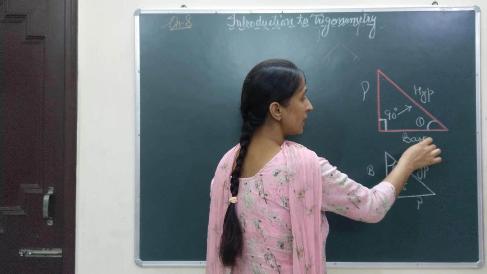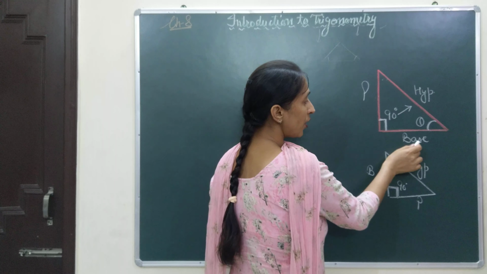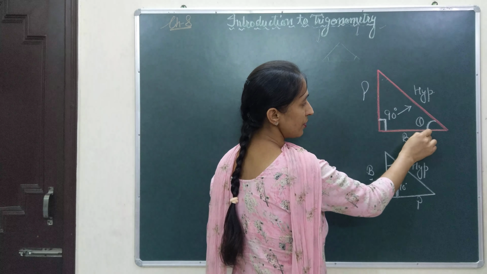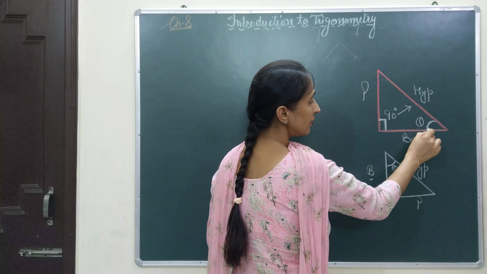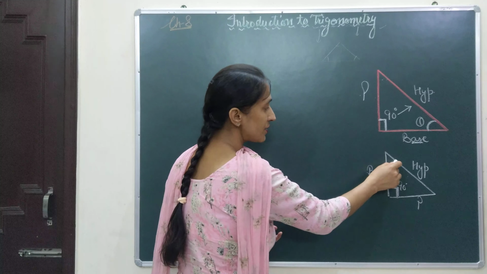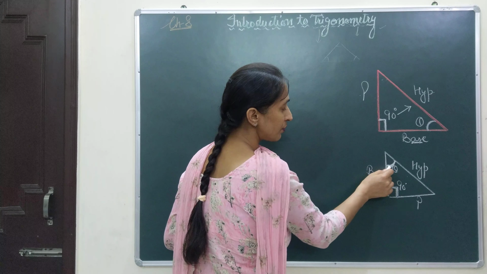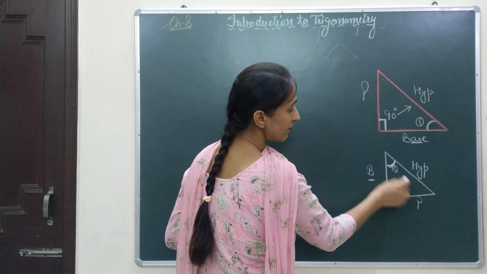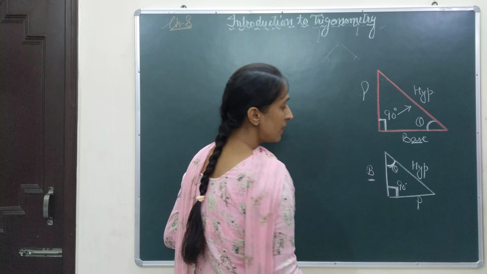So you can see here, base shifts from this side to this side when theta changes its position. When theta is lying here, base is here and perpendicular is here. But when theta moves to this place, then base lies here and the side which is opposite to theta becomes perpendicular.